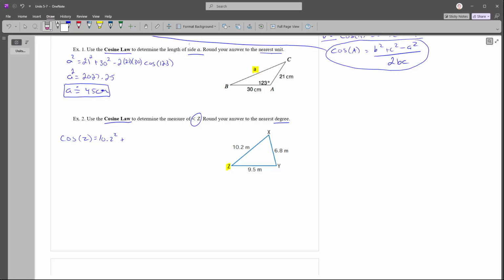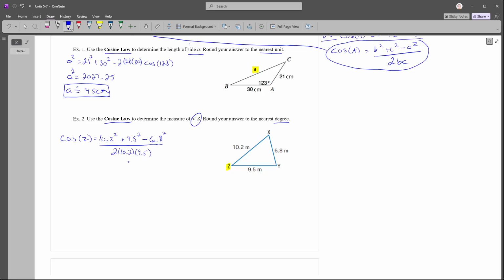It has to be one of the sides that's not our angle side. So it's got to be plus 9.5 squared minus the side length of my corresponding angle squared, so 6.8 squared. And that whole thing is going to be over 2 times the first value, which is 10.2, multiplied by the second value, which is 9.5.